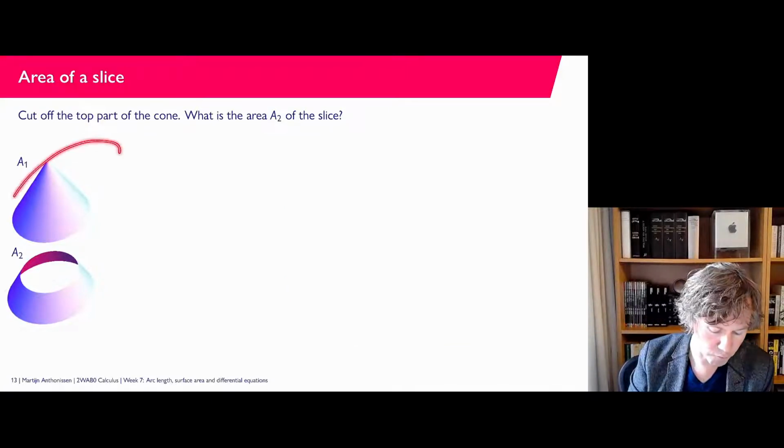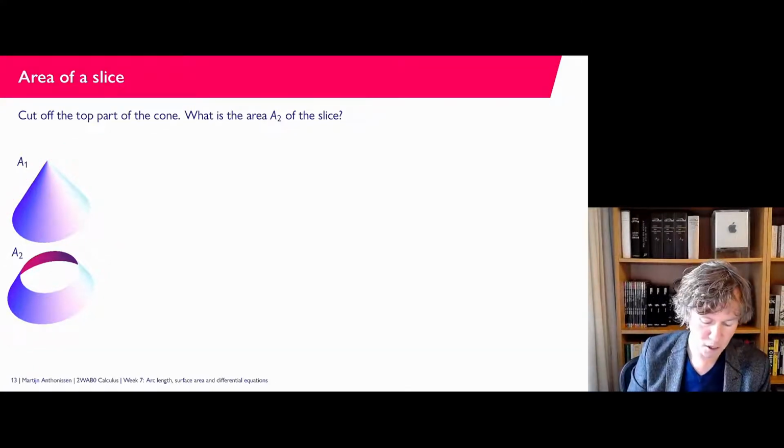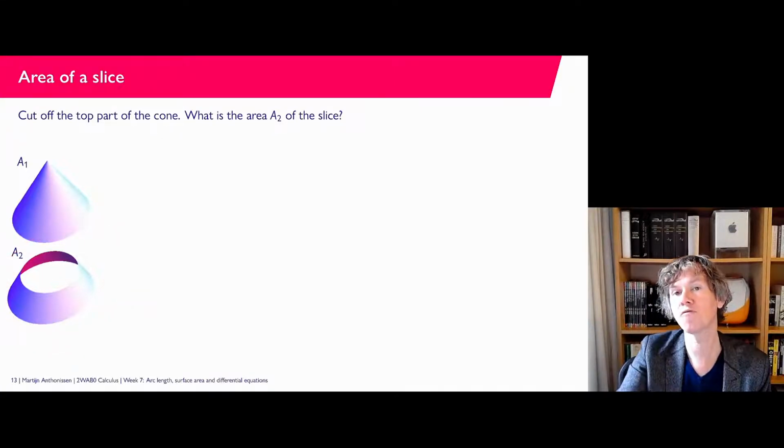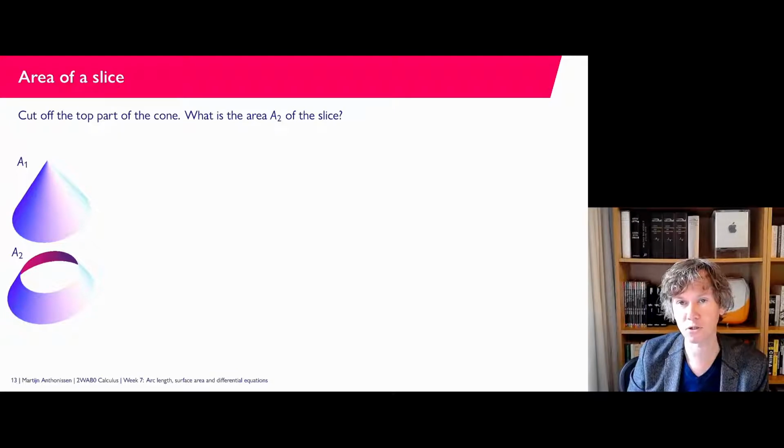Here is the full cone, and now I'm going to cut it into 2 bits. I'm particularly interested in finding the area of this bit here, because when I go to a general function and approximate it with little line segments, I will have all kinds of slices like these. So what is the area of this slice?